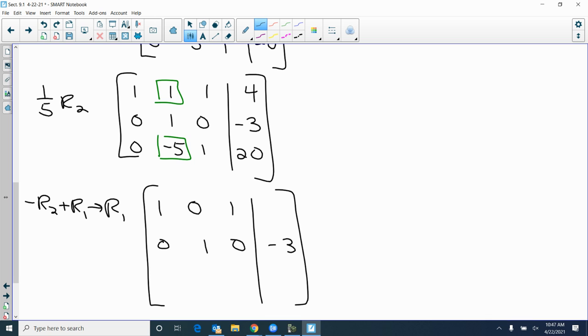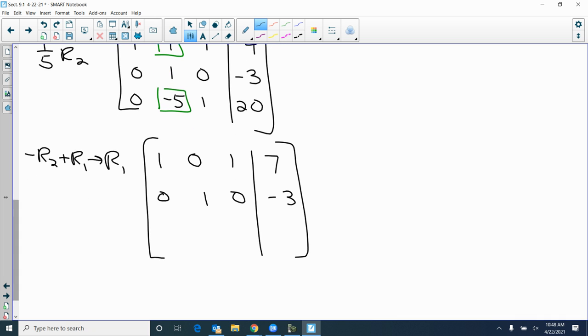And then it looks like I get what, a 7? Am I good there? All right. What do I get now? Get rid of that bottom -5. So take 5 times row 2 plus row 3 in for row 3. All right. See what you get there.